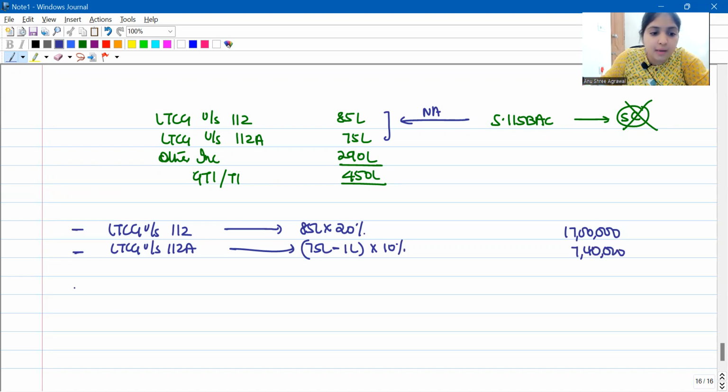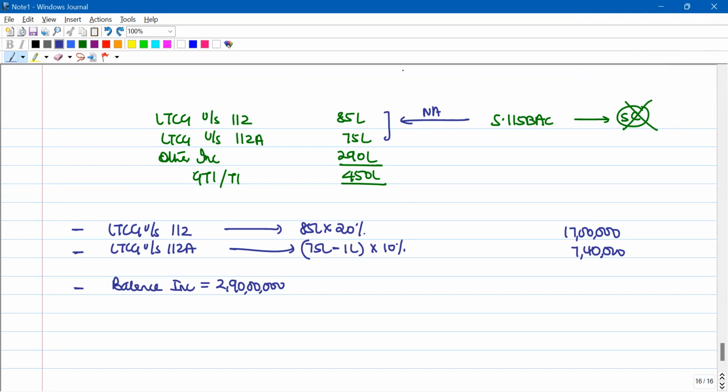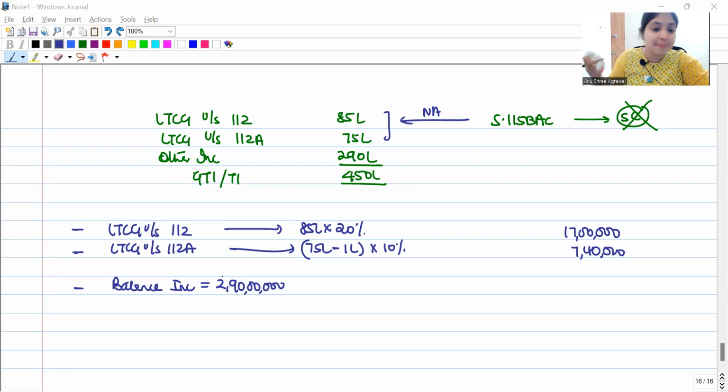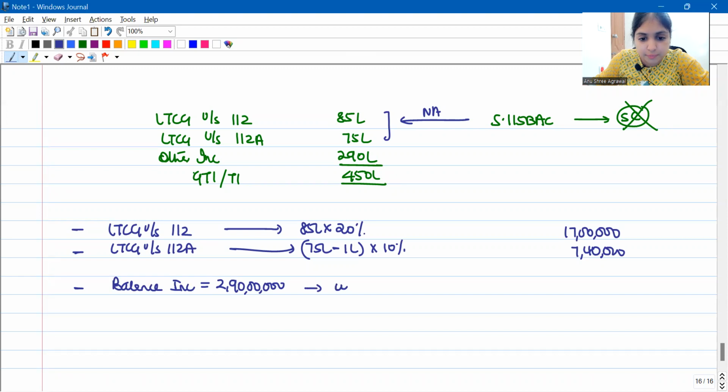Then coming to the balance income, what is our balance income, guys? 2 crore 90 lakhs. On this, we have to calculate tax. Here 115 BAC comes into the picture. Even though my assessee is a senior citizen, he will not have any higher basic exemption limit under 115 BAC. How will you calculate here?